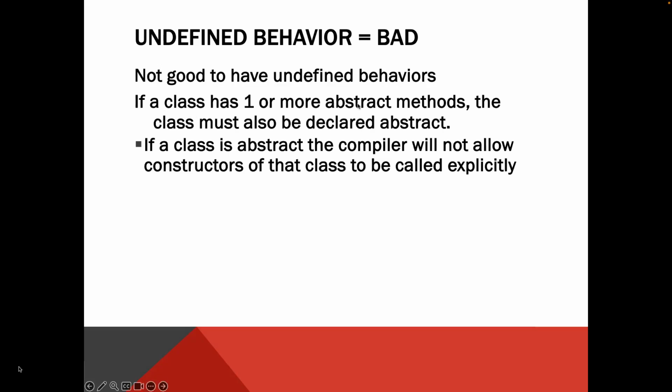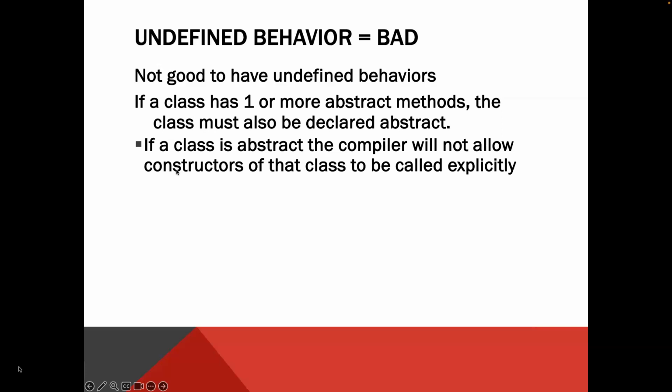If a class has one or more abstract methods, the class must also be declared abstract. I already said that. So if you have a method that doesn't have a body, you have to add that abstract keyword to your class declaration. And then if a class is abstract, so if it says public abstract class closed shape, the compiler is going to stand in your way.